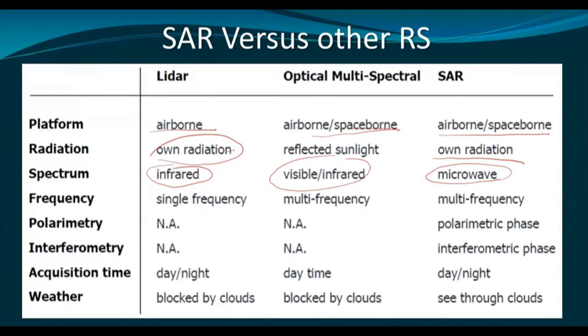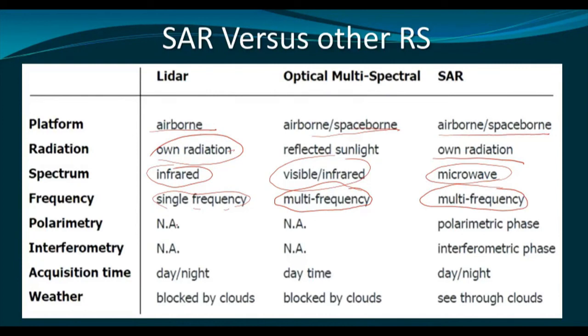Now, for the light, we have a single frequency, only one frequency is used. In case of multispectral optical remote sensing, we can use multiple frequencies to get multiple images, and in case of SAR also we can get multiple images by using multiple frequencies like C band, X band, L band, and so on.